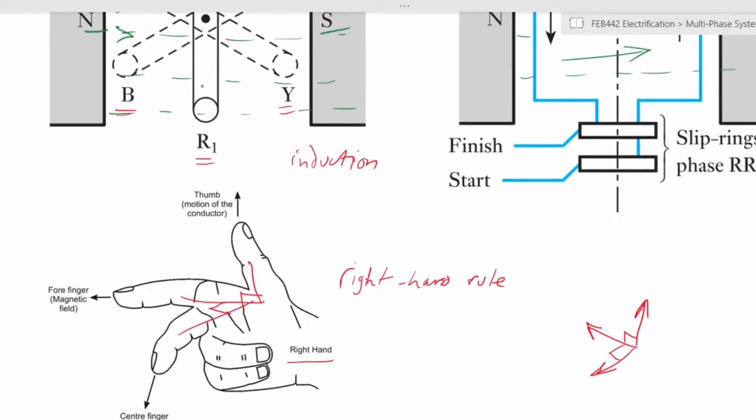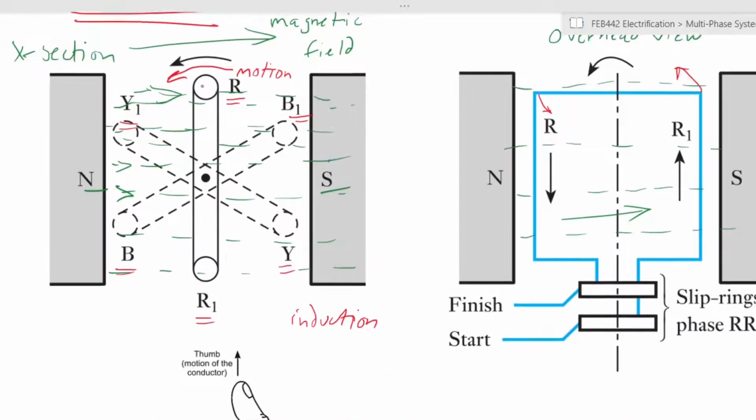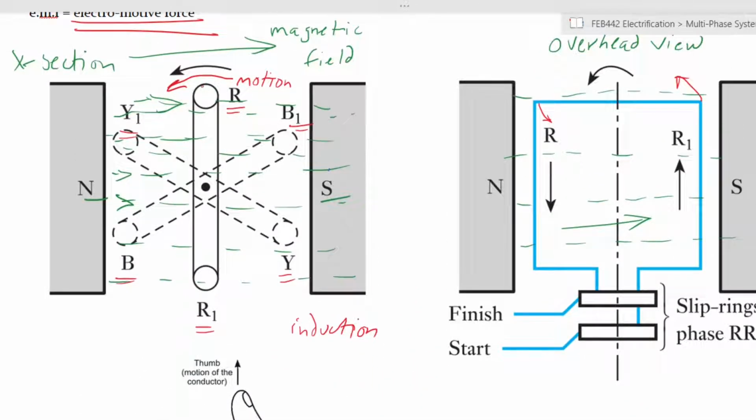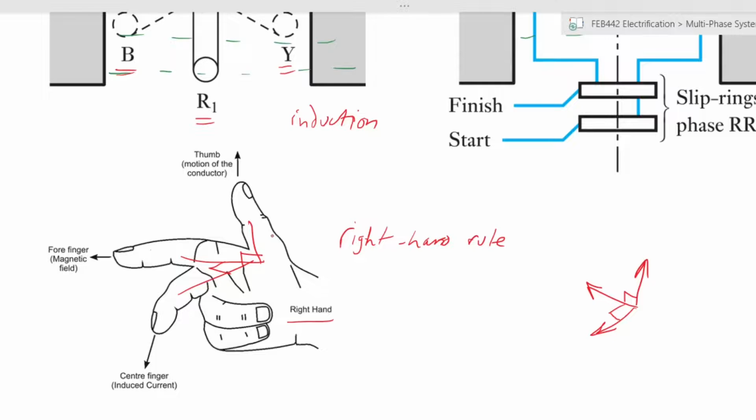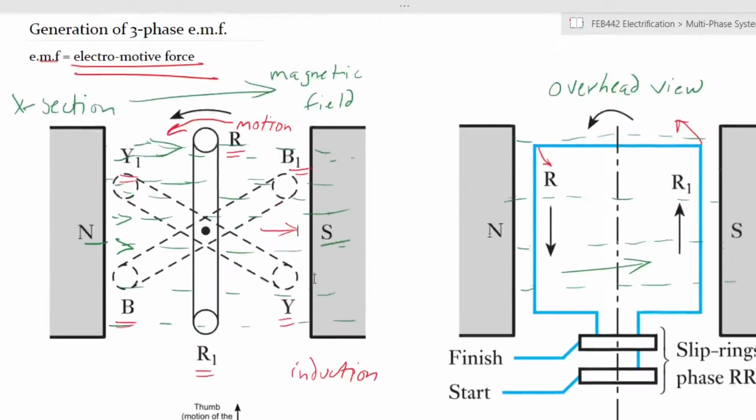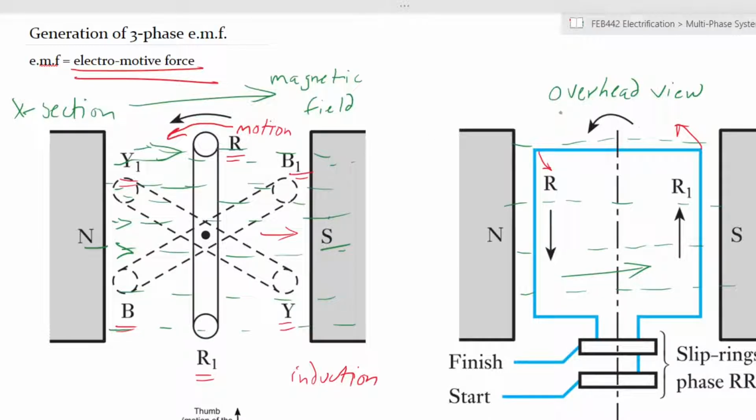You orient your index finger in the direction of the magnetic field, which is now in the opposite direction, in that direction, and then it will be able to show you the direction of the induced current. All right. So if you look, for example, at the overhead view here, if you take the R1 arm, the motion, when you look at the screen, you will point your thumb towards yourself and away from the screen.